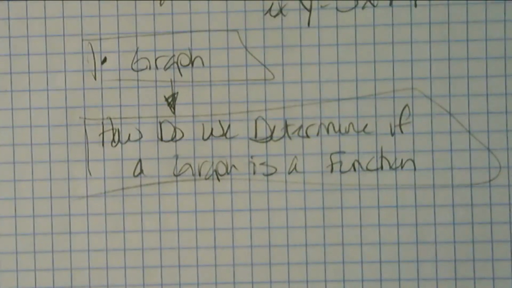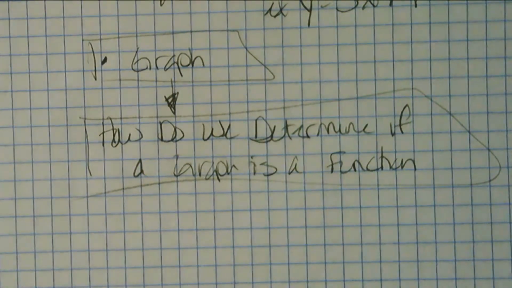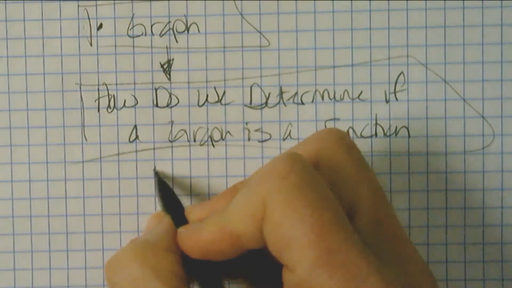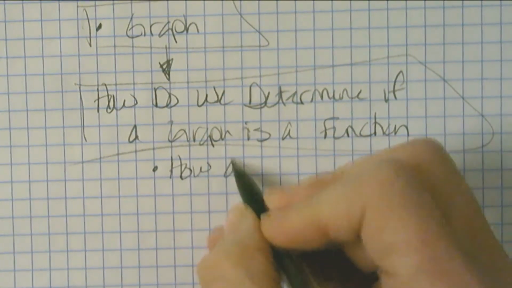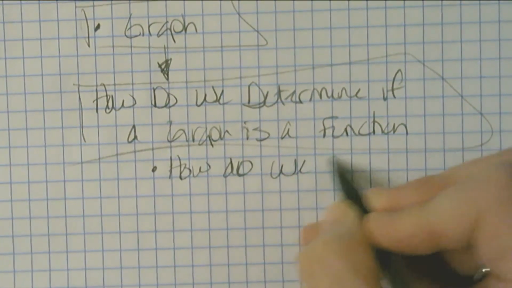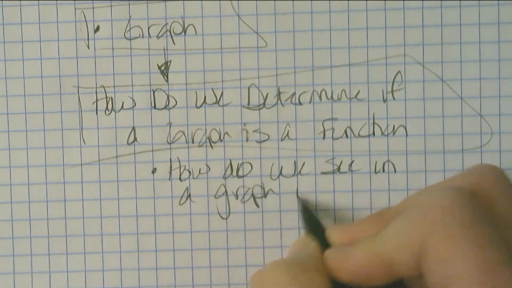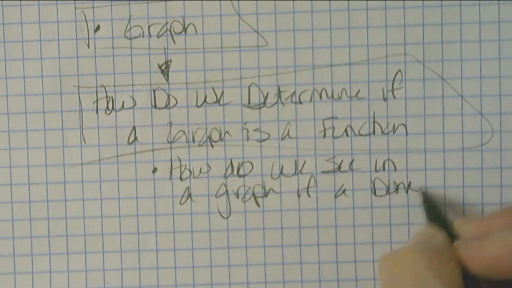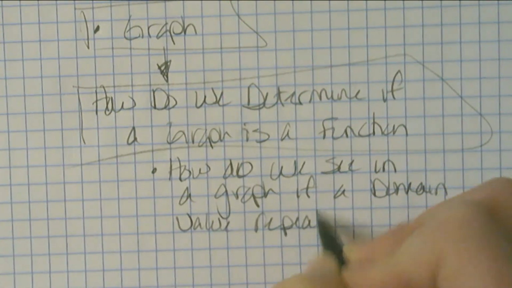Well, we still do not want any domain values repeating. How do we see if a domain value repeats? How do we see in a graph if a domain value repeats?